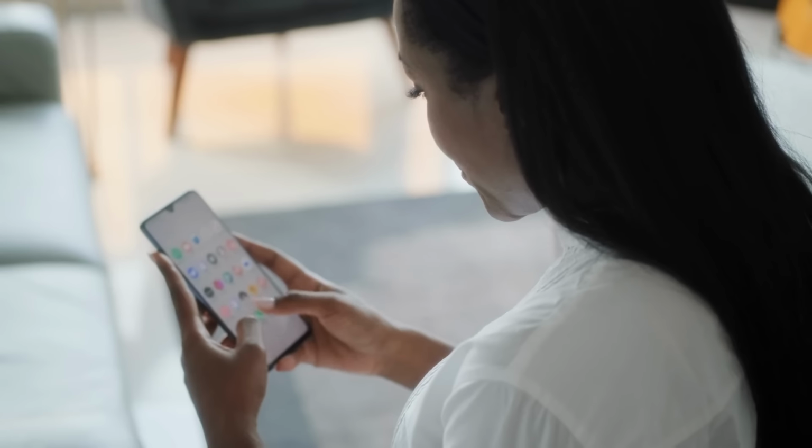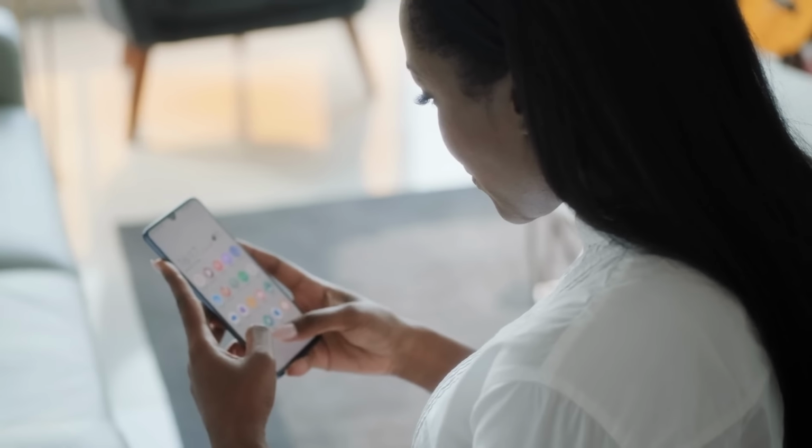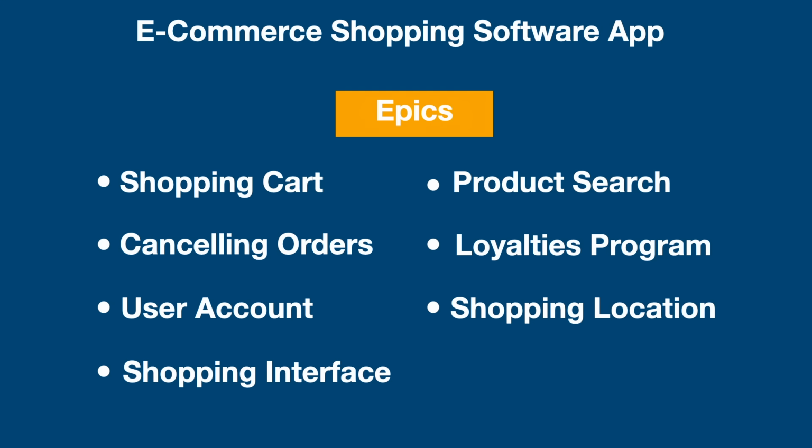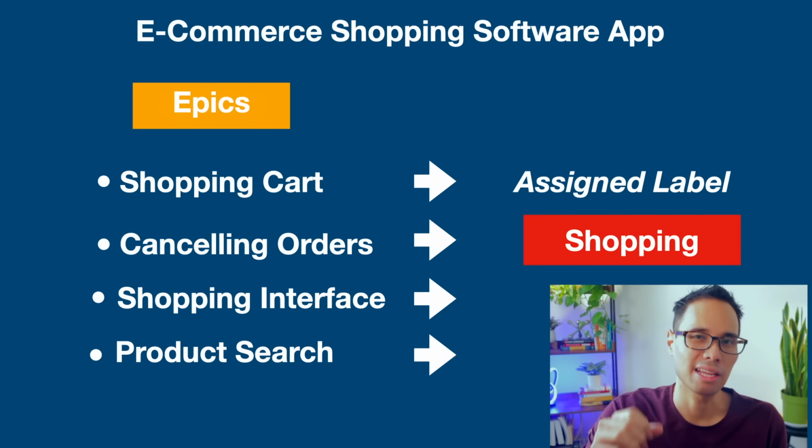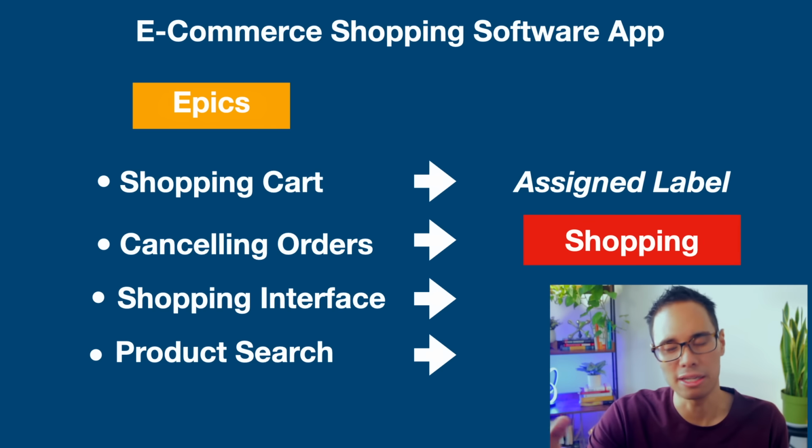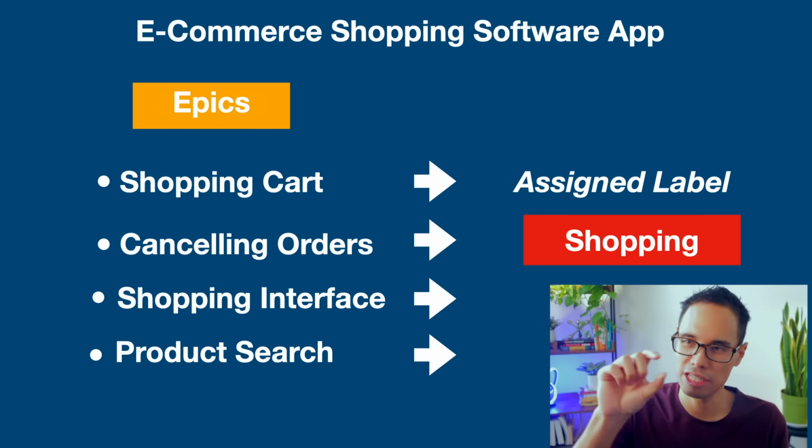So for our e-commerce shopping software application, we'll label all user stories that are under our epics as follows. For the epics for shopping cart, canceling orders, shopping interface, and product search, we'll use the label that's called shopping. Now everything that's tied to the management of the user administration and the account handling side of things, we'll label these issues as user admin.